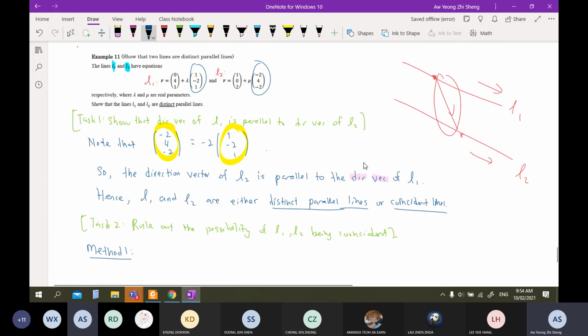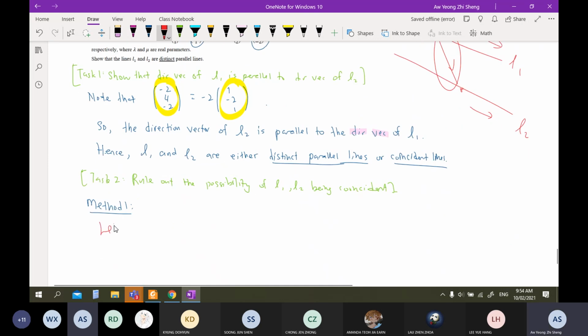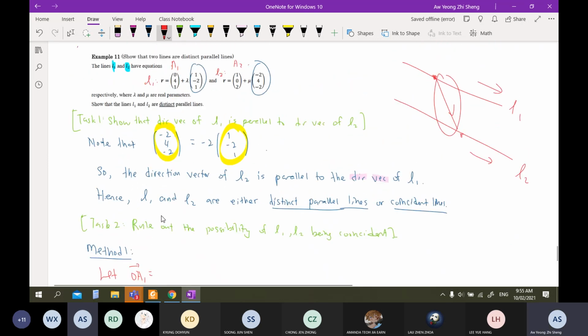Now I find it useful to name some points here. Yeah, the printed solution named the points as A and B. I prefer to name them as A1 and A2. So I will just let OA1 be equal to the fixed point on L1, that's 0, 4, 1. OA2 be 1, 0, 2.